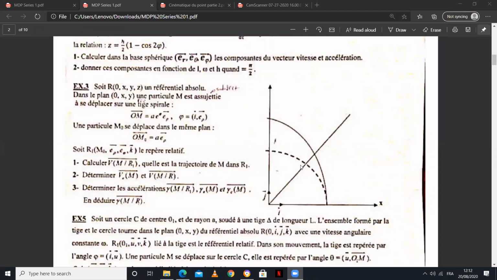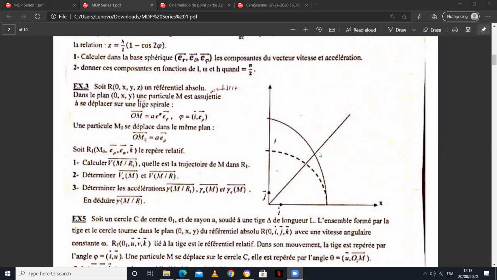So we have our M0 there, and OM0, which is this distance there, is A, and we have our M there, with OM from there to there being equal to A exponential phi suivant e_r. That means e_r is in this direction, as you can see.